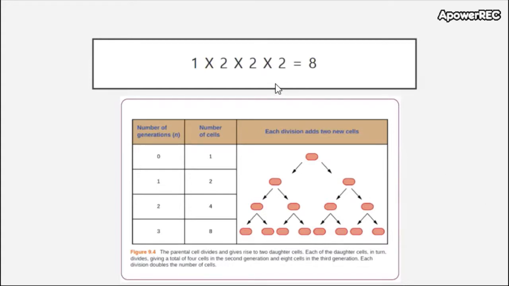We can draw this pattern as a formula up above if we just start with our generation 0 and write down the number of cells, which is 1. Now we're going to experience a doubling of that, so we multiply that by 2 for a second generation. And we'll have a third generation here, so we multiply it by 2 again.